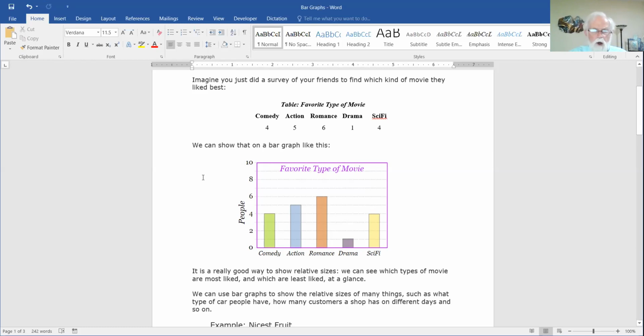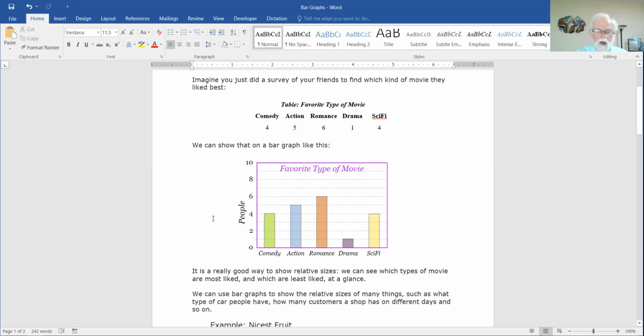With a bar graph, all we do is a very simple statement. And this little graph here is simple. You've gone out and talked to your friends and found out what kinds of movies they like best. And so what we have here is basically the number of responses for each of these favorites.